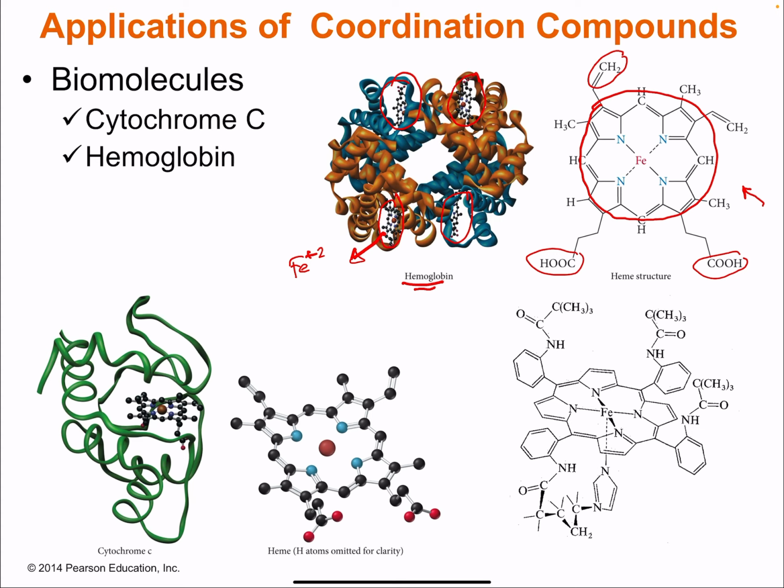These bonds are not quite in the square planar format, because 2 of the nitrogens are tetrahedral and 2 of the nitrogens are trigonal planar. So there's a little offset of angles, but essentially there are 4 bonds here that you see.